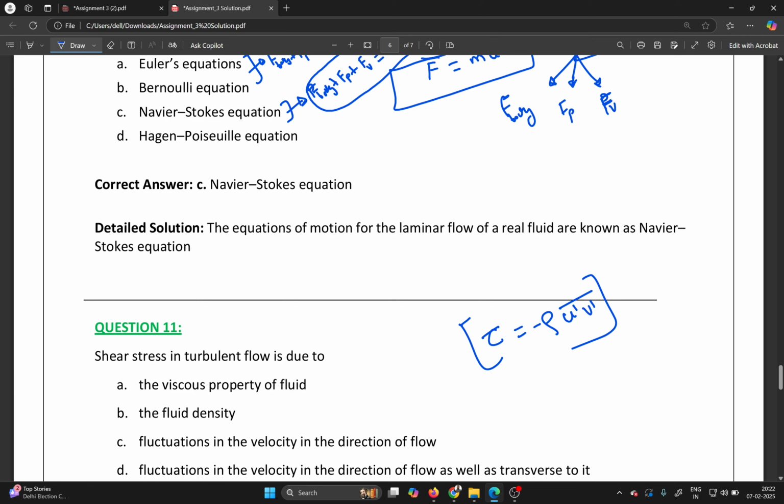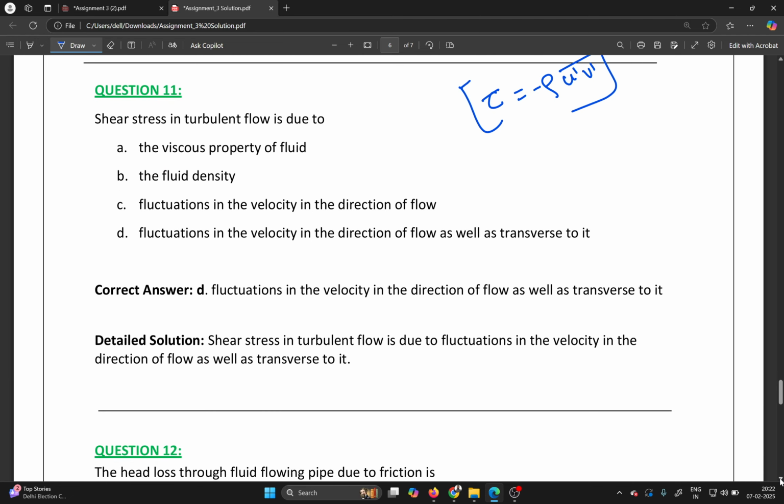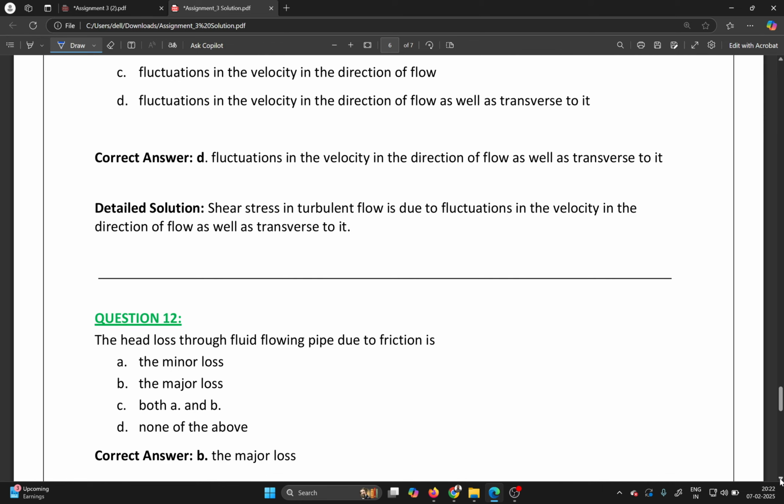Now question number 12, here we have already discussed that also. The losses through fluid flowing in the pipe due to friction.